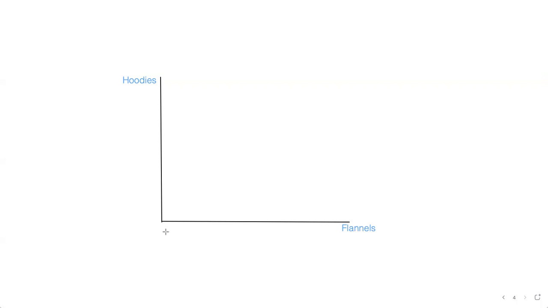But it turns out that rarely do you actually consume only flannels and hoodies. You have other clothes and other goods you consume too. So you might wonder, how general is this model if we're always just talking about two goods? It's a reasonable question.